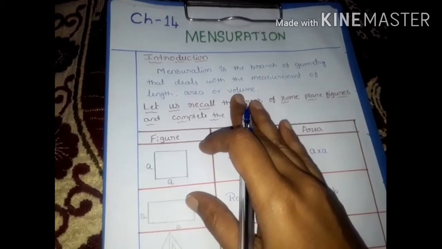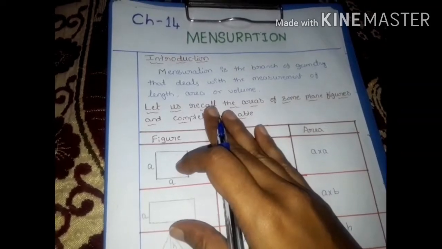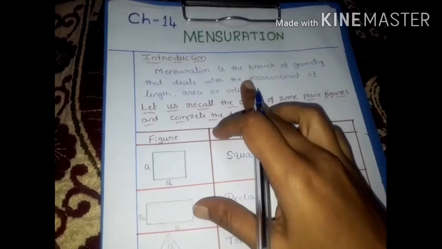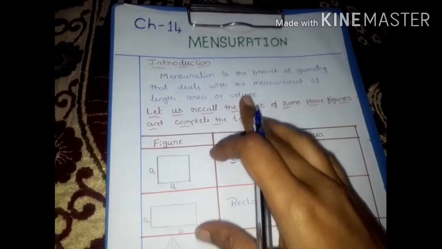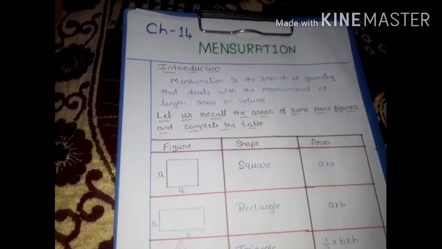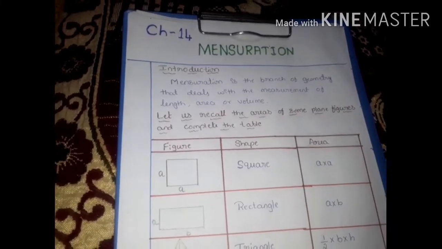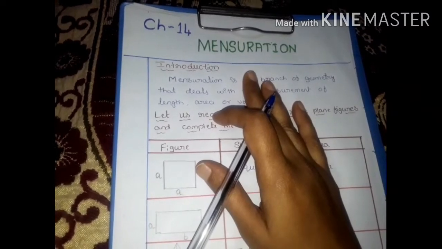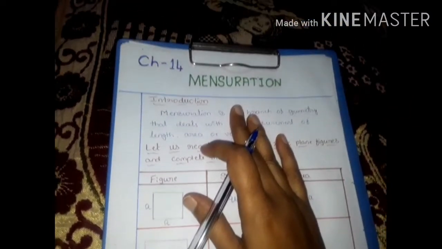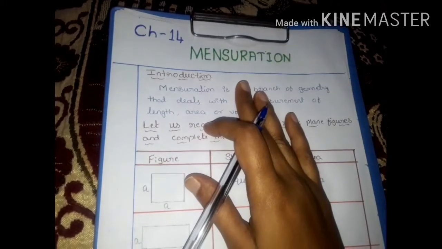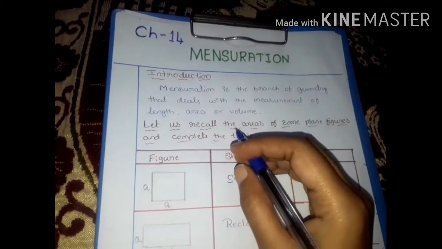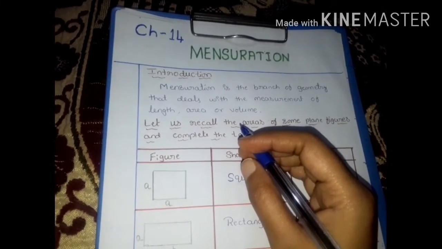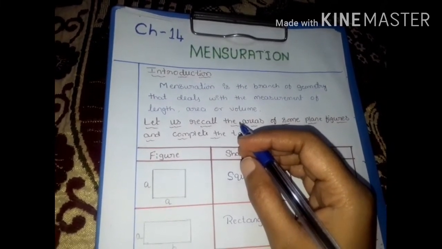Now, before we start mensuration, first let us discuss where mensuration is applicable in our daily life. We study mensuration to find the capacity of containers or tanks, and also to find the distance around a circular race track, and also for travel and road map reading, and also to find the amount of fuel needed for a given journey.